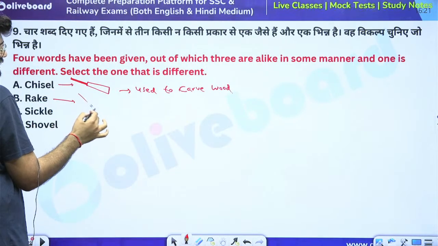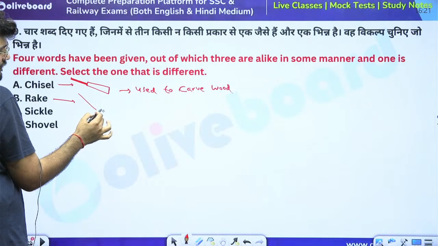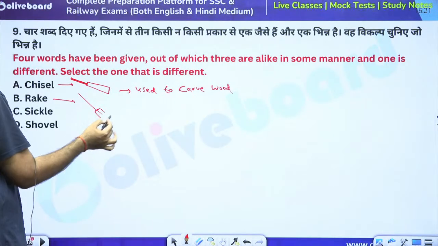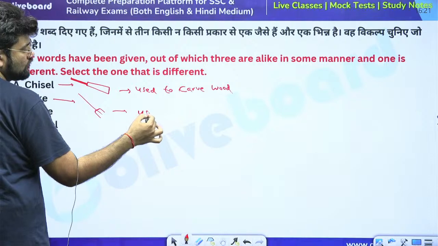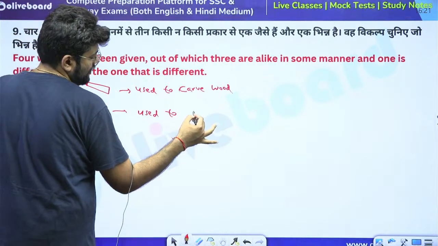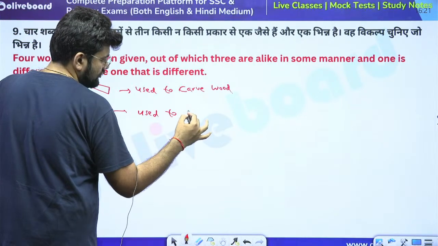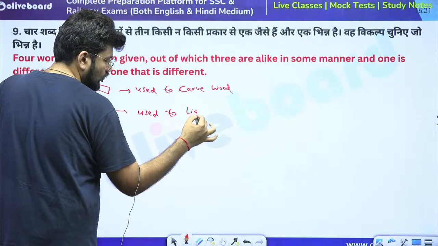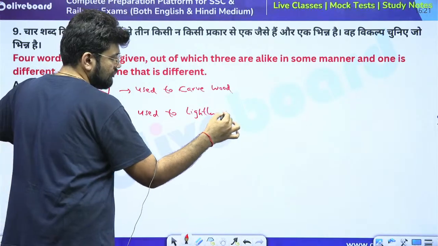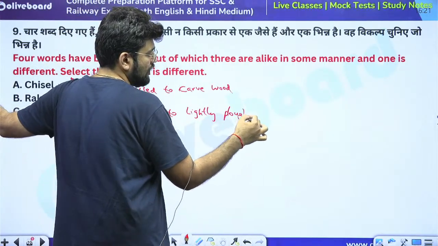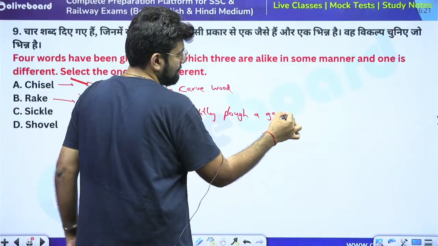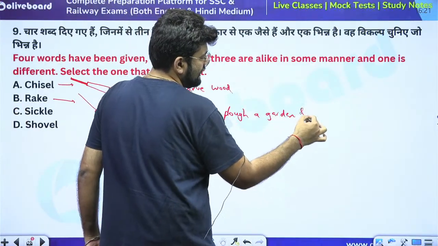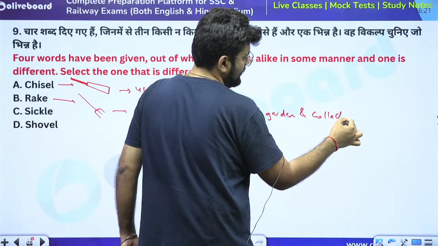A rake is something like this. Okay. Used to lightly plow a garden and collect dried leaves.